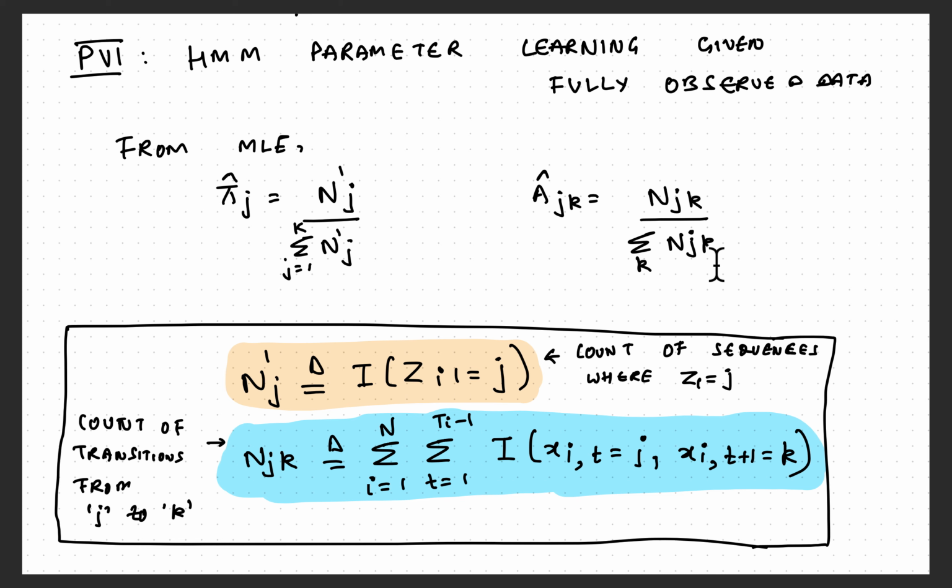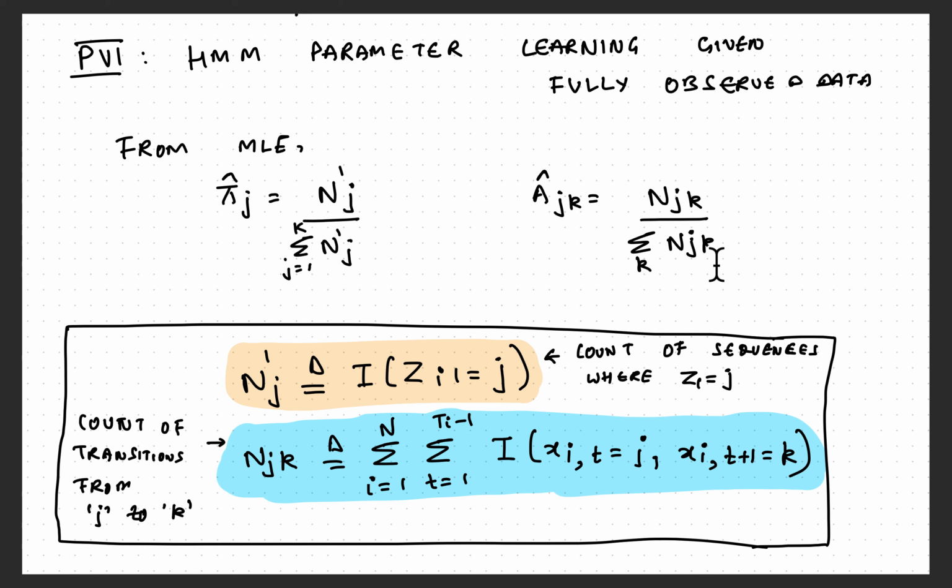So basically the denominator tells how many times you visited state j. You could have visited state j and moved to some other state apart from k. So both of these quantities ensure that these estimates are normalized.